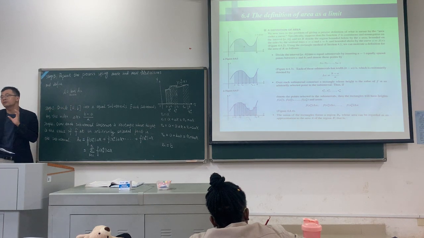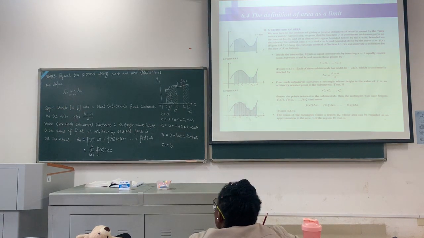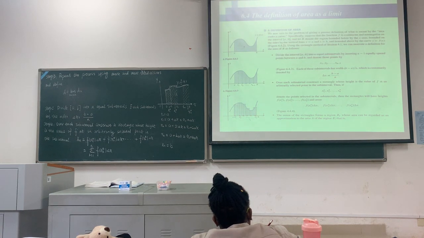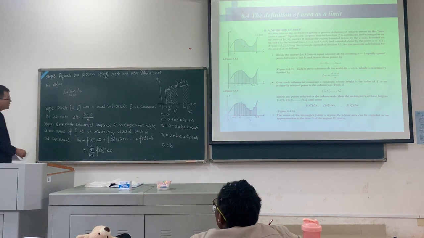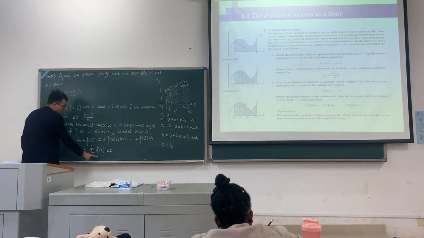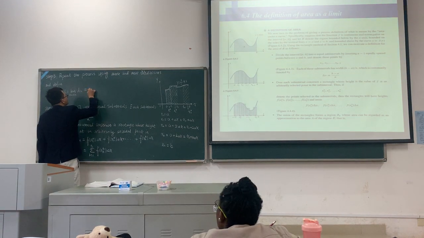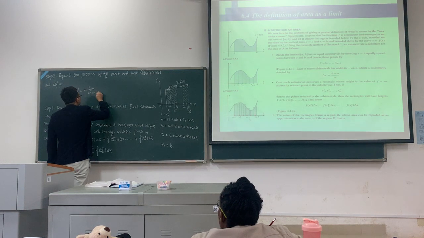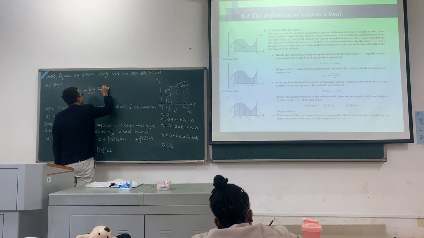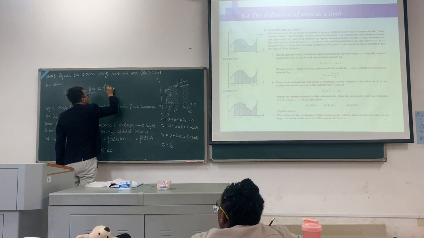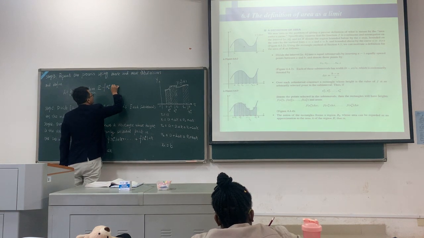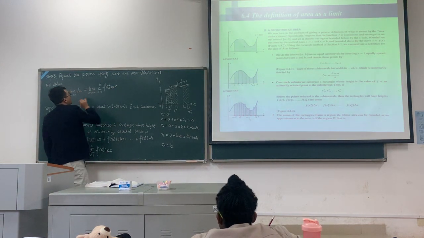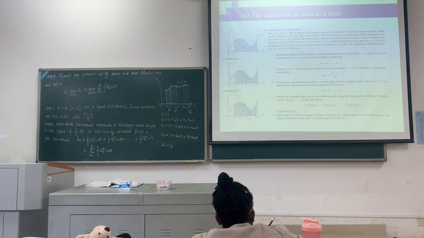Here An is the total area of n rectangles. The formula of An is like this: A equals the limit as n approaches plus infinity of the sum of f of xk star times delta x, where k runs from 1 to n.